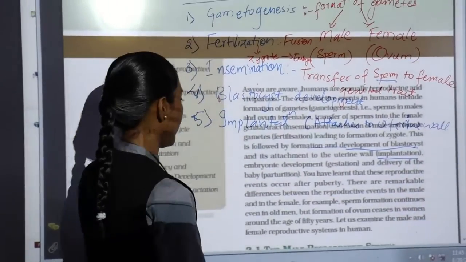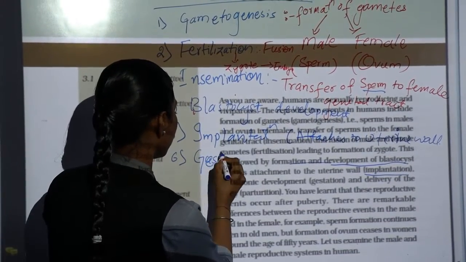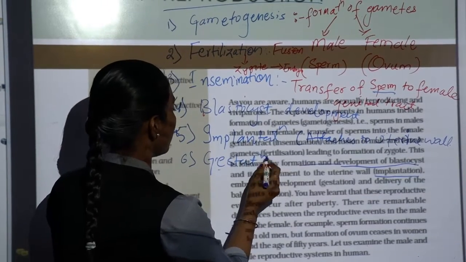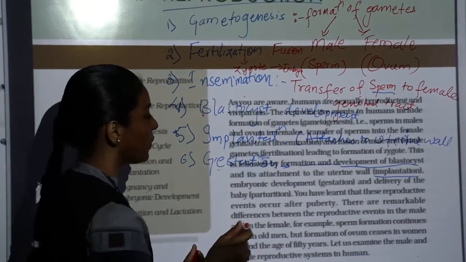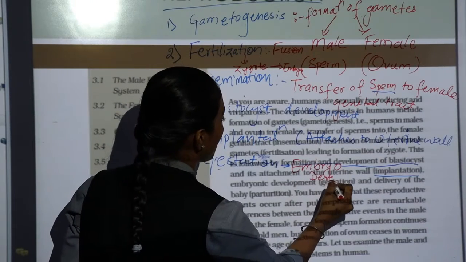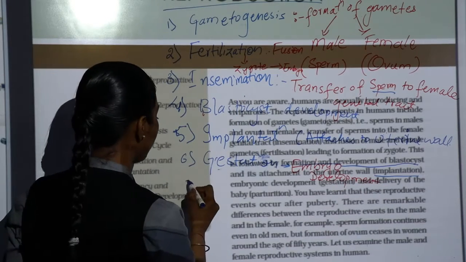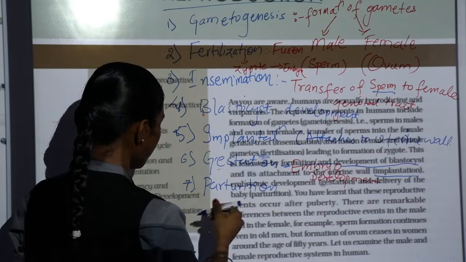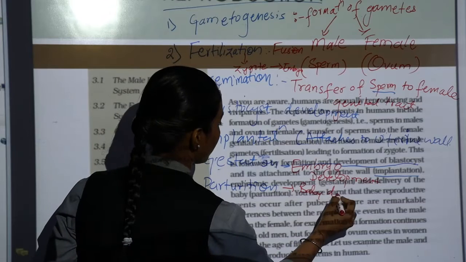Once they are attached, the last step is gestation. Gestation is a period of embryo development. Once the embryo development occurs, the next step is parturition. Parturition is the final step wherein a baby is delivered.